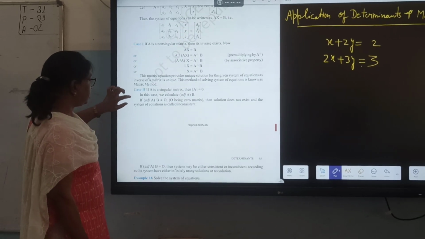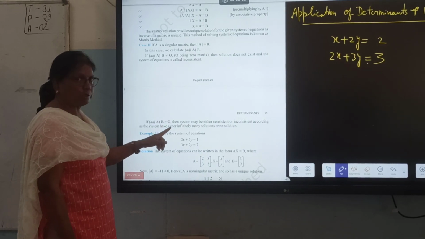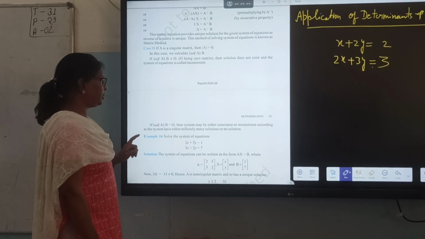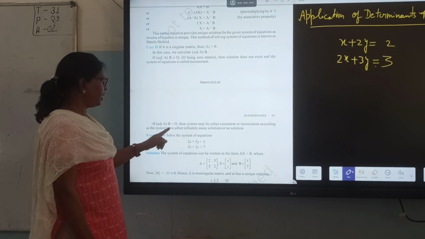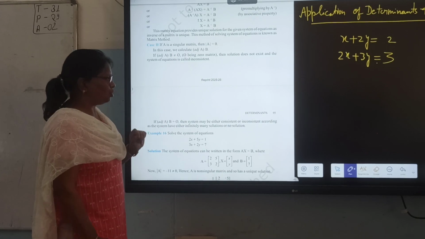In the other case, in which the numerator, that means adjoint A into B, is equal to 0, then the system may be either consistent or inconsistent, according as the system has infinitely many solutions or no solution.